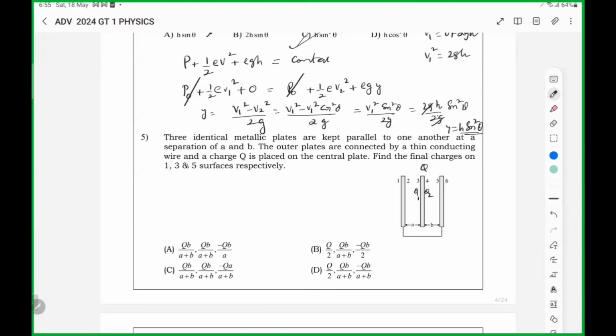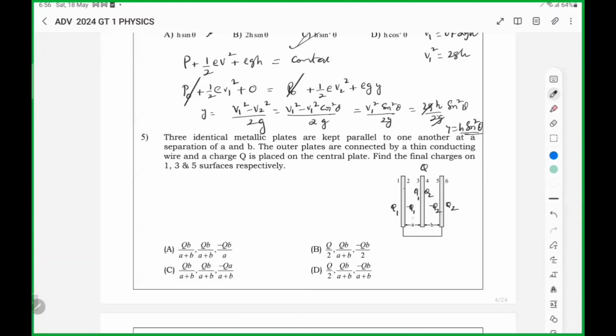Once charge Q1 is on the plate, minus Q1 will be induced on it. Since charge is conserved, initially there is no charge on the first left plate, so the total charge must be 0. Similarly, on the right side plate there is no charge; minus Q2 is induced here, so the total charge on it will be 0.